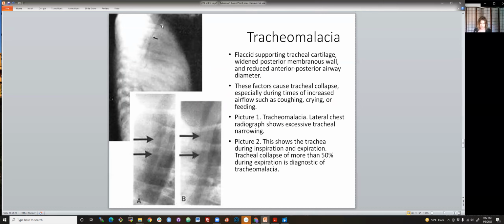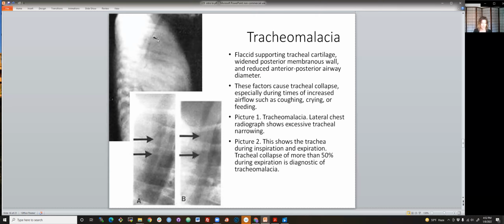This collapse can occur in kids if there's an airflow problem, when there's a need for increased airflow during coughing, crying, feeding, etc., anything that would require a forced expiratory flow. In the pictures here, if you look at picture 1 up here, where the arrow is, it's a lateral chest X-ray, and it shows excessive tracheal narrowing.